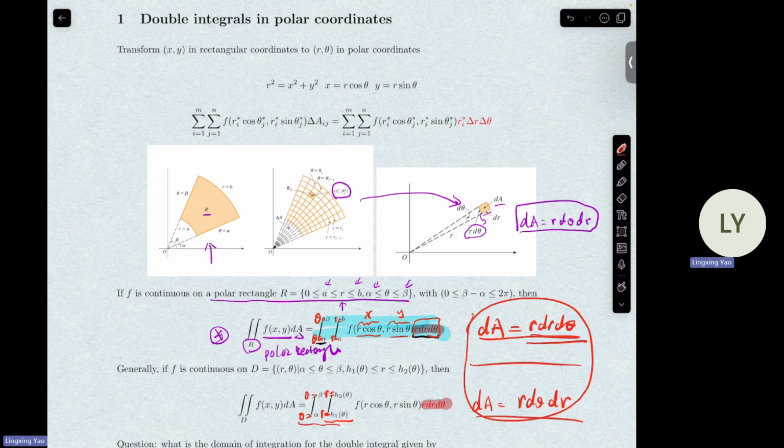And this is most likely what we're going to see in our double integral calculation in polar coordinates. Okay, so this is the setup, and the key is to remember dA is r times dr d theta, or r times d theta dr, depending on your order of integration.